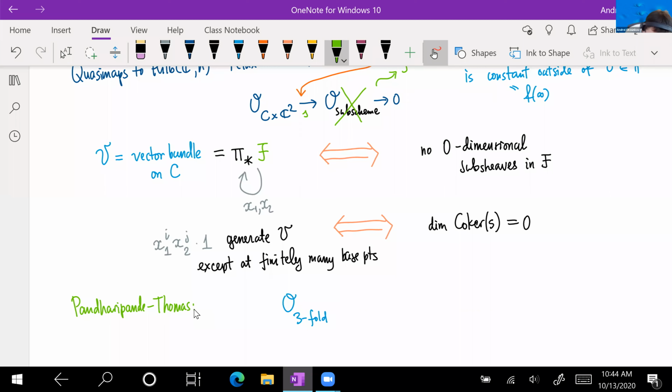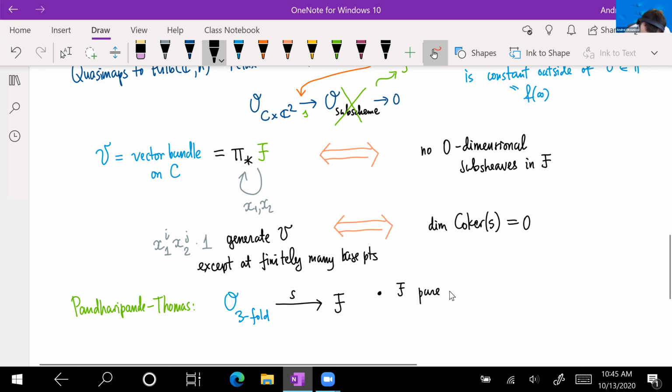This is called the Pandharipande-Thomas space, and you have a map S to some sheaf F such that these two points are satisfied: F has no zero-dimensional subsheaves, so it is pure of dimension 1, and the cokernel of S has dimension 0.